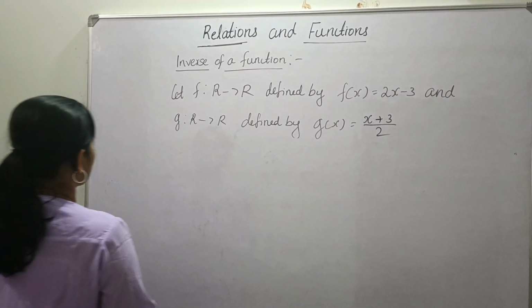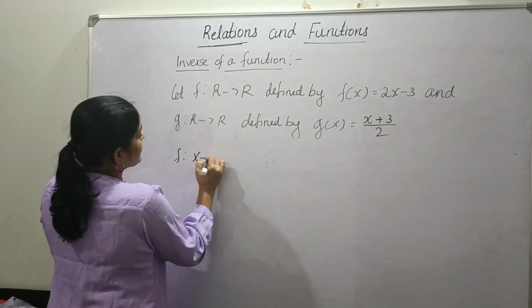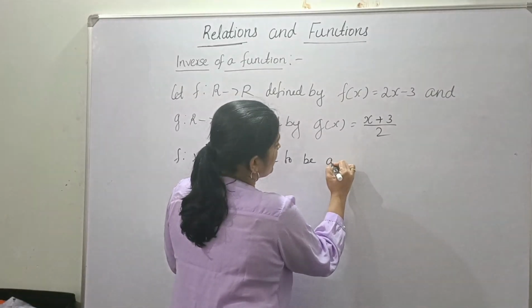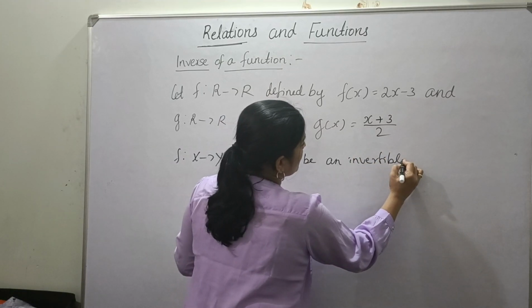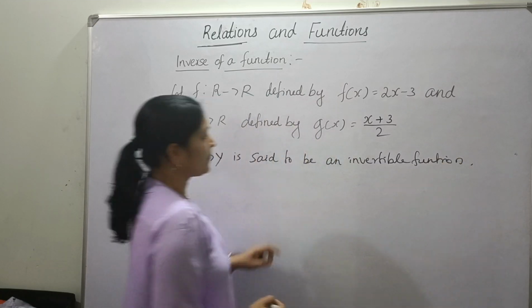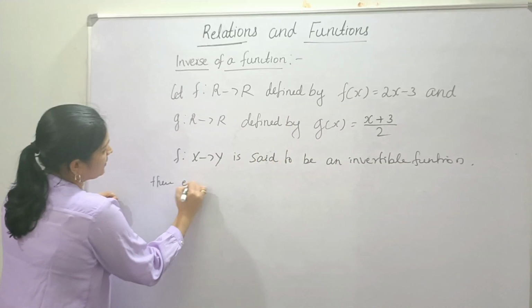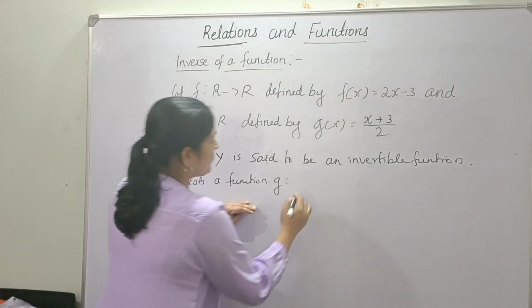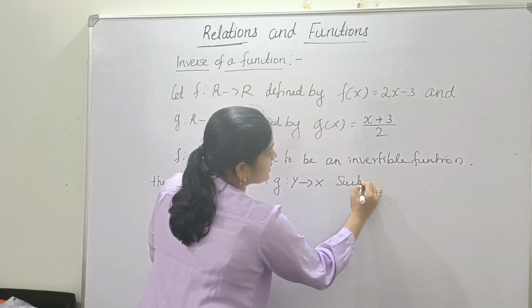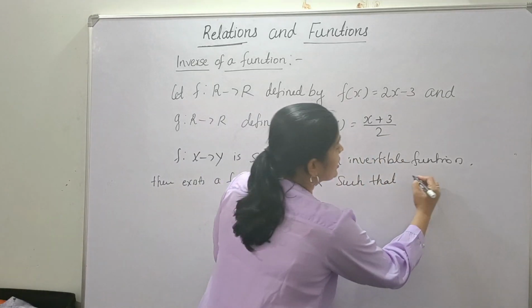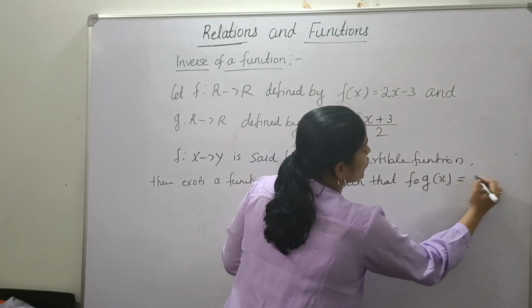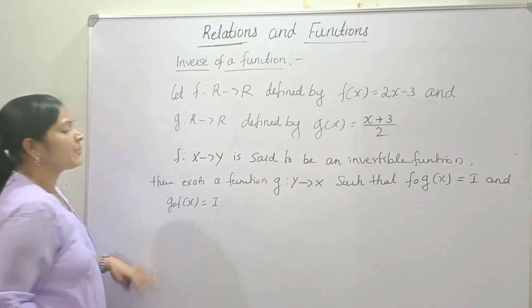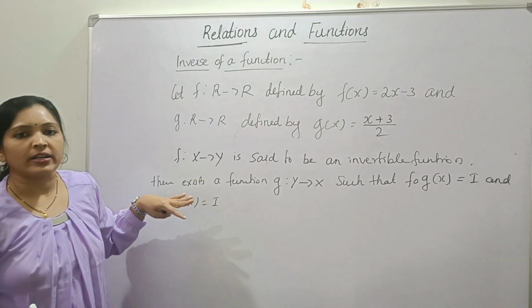Now how to define the inverse of a function? A function f from x to y is said to be an invertible function if there exists a function g from y to x such that the conditions f composite g of x is equal to I and g composite f of x is equal to I, meaning f composite g and g composite f are identity functions.